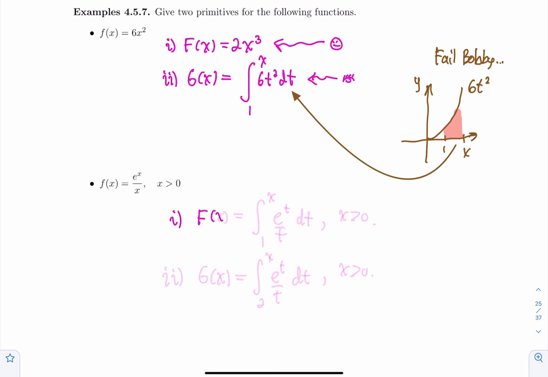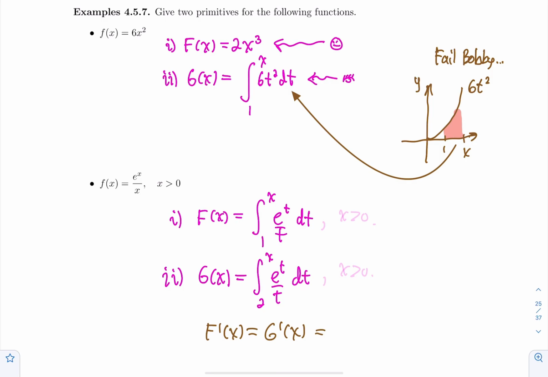Big F could be the integral between 1 and x of e^t over t dt. And another example: the way you change a primitive is just by changing the lower bound, so let's say between 2 and x of e^t over t. Using surface functions is the only way to write examples of primitives, but they work.